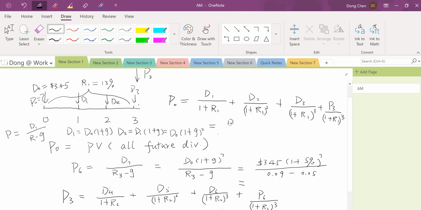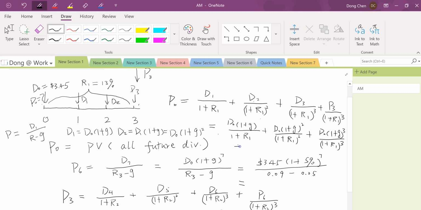D1 is D0 times 1 plus g, divided by 1 plus R1. Then D0 times 1 plus g squared, divided by 1 plus R1 squared. And then D0 times 1 plus g cubed, over 1 plus R1 raised to the third power.